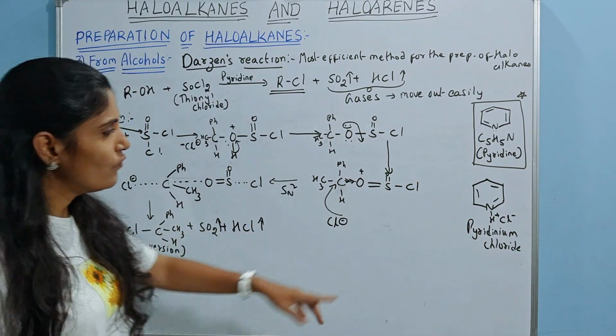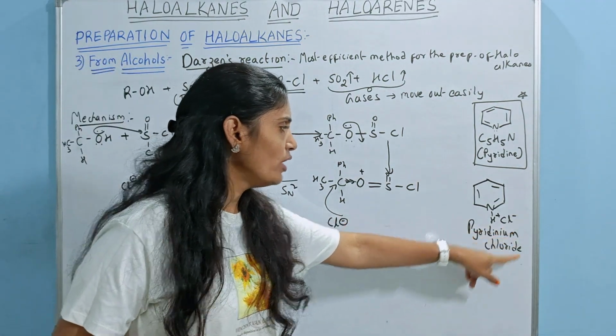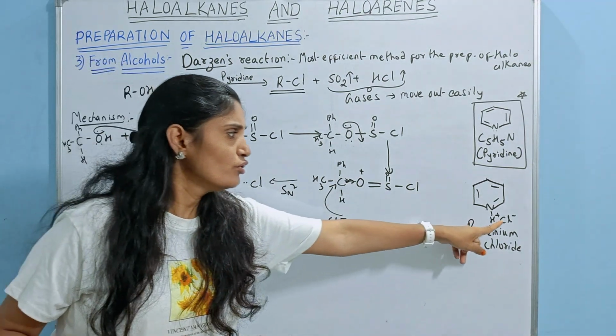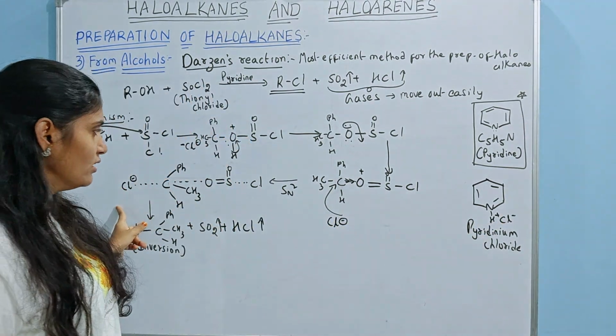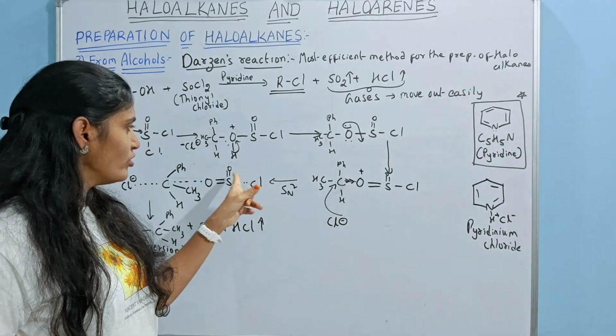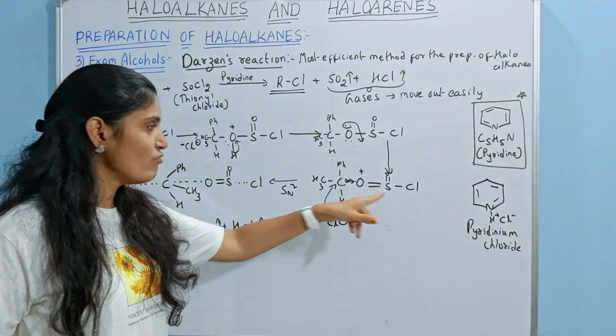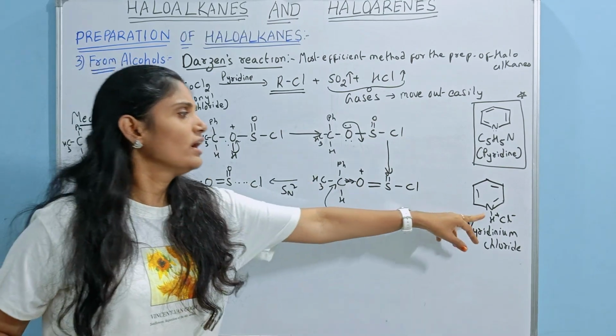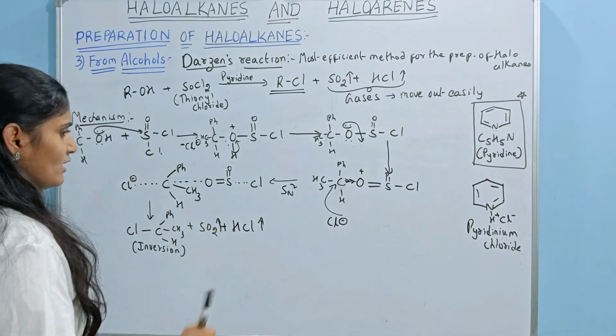Because from this pyridinium chloride, Cl minus has attacked from the backside, this Cl minus has been used here. The Cl which was attached to sulfur got separated and will grab this hydrogen, forming my HCl gas.